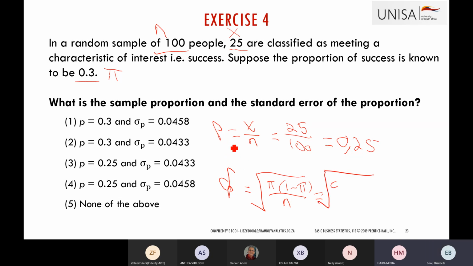So it's 0.3 times 1 minus 0.3 divided by 100, which is 0.0458. And that will make option 4.